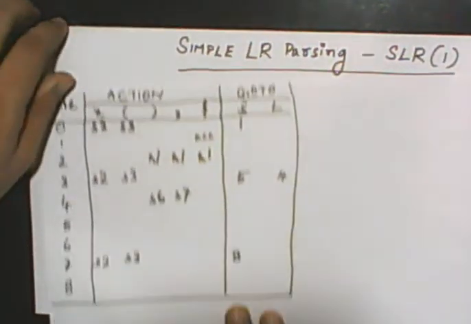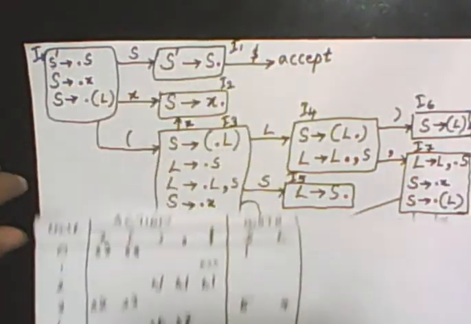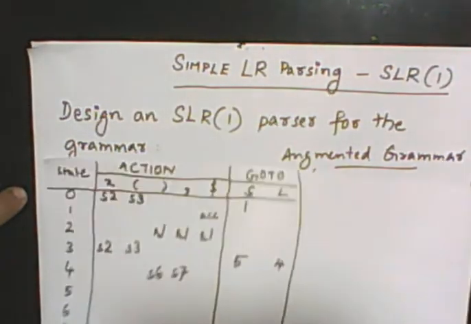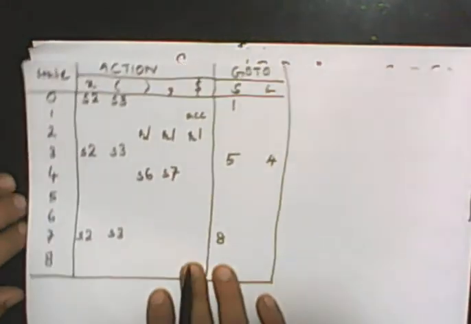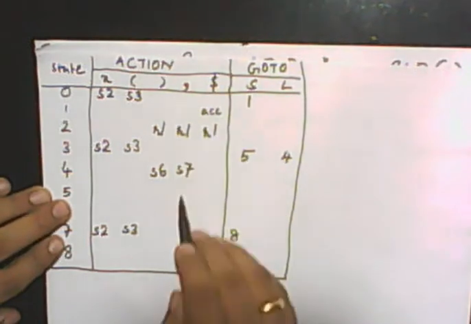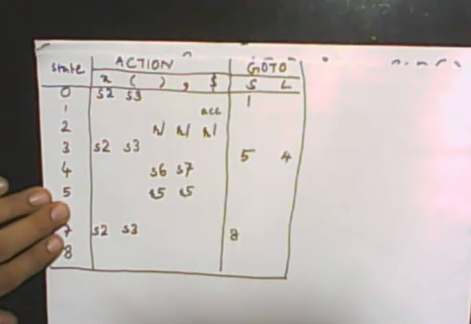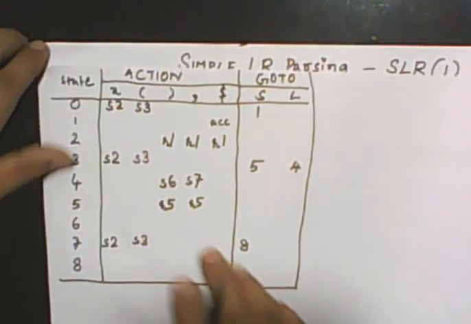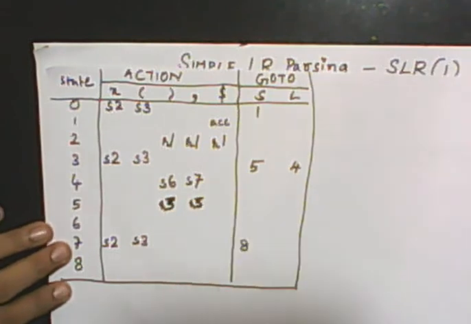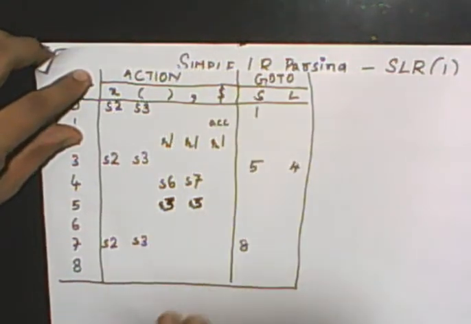So across 5, on right parenthesis and comma, you need to put R3. Sorry, this is R3. R3 has to be put for only these two, not across the whole row.